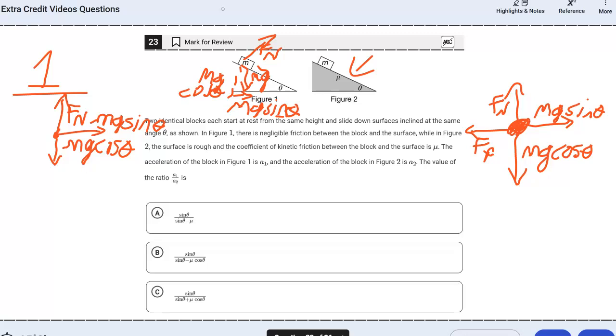So we can set up our equations in the parallel and perpendicular directions. In figure 1, it's just mg sine theta equals ma, and then we have that the normal force equals mg cosine theta.